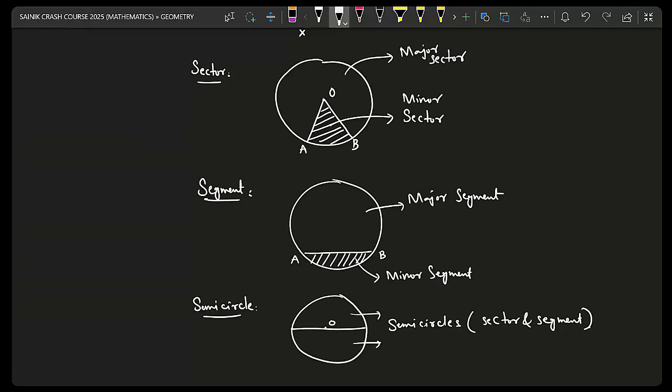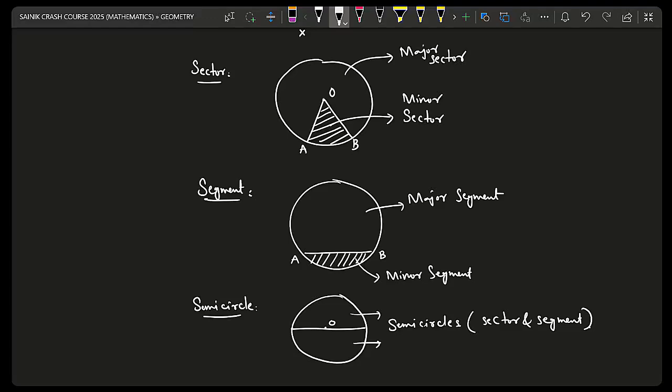Sir, major sector area is equal to minor sector minus... Anshuman, you need not discuss area here. We have a separate chapter, mensuration, where we are going to discuss everything about areas and perimeters. Here only the parts of the circle, that's it. Okay, sir.